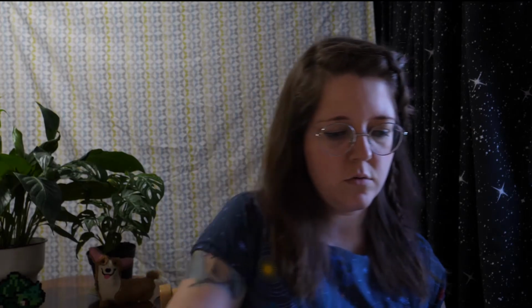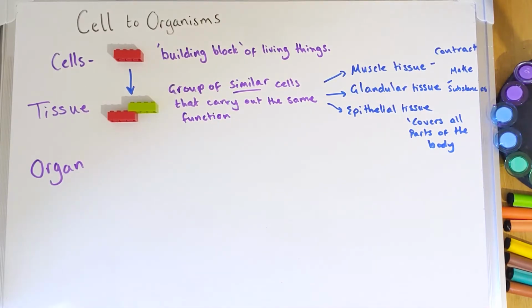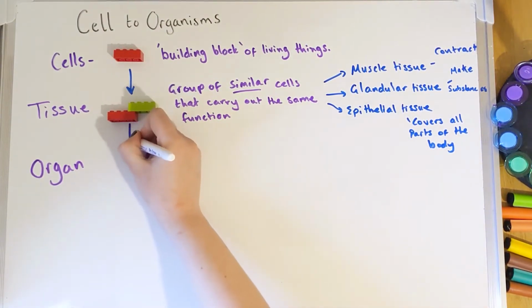The next step up then is an organ. Now, organs, like tissues, are just a group of similar tissues that come together to do the same function.